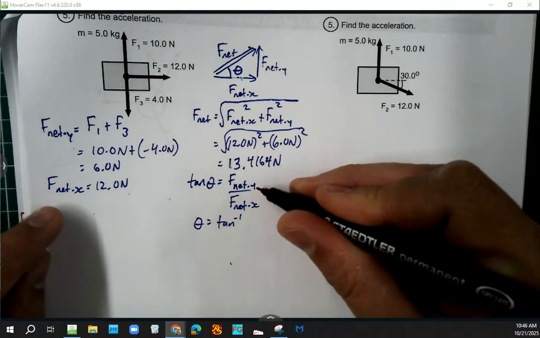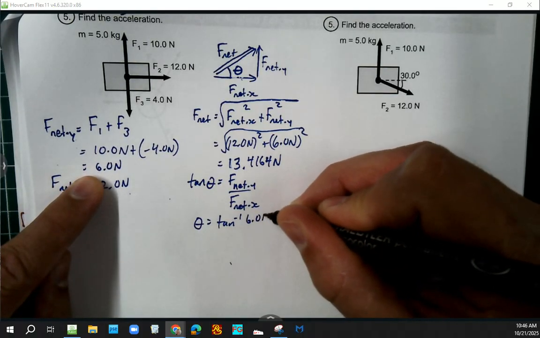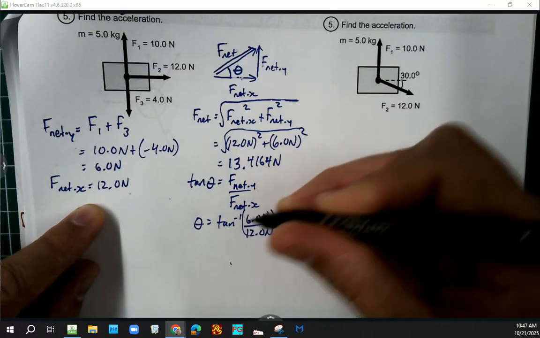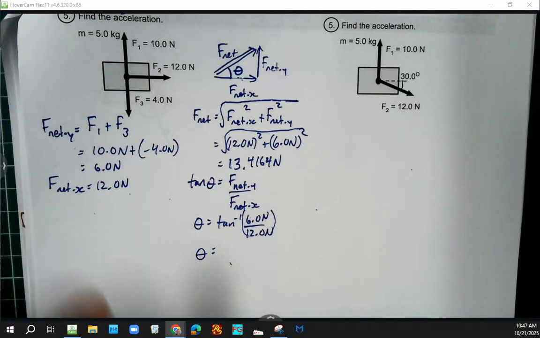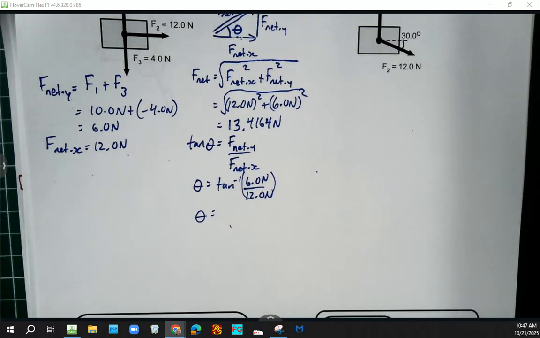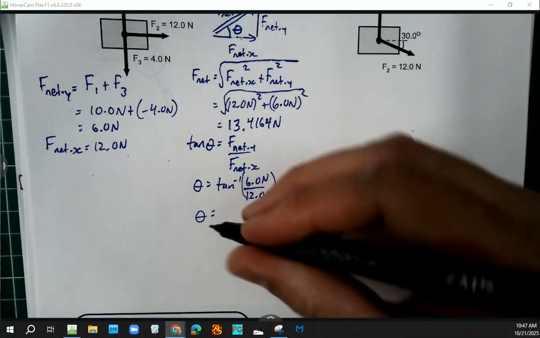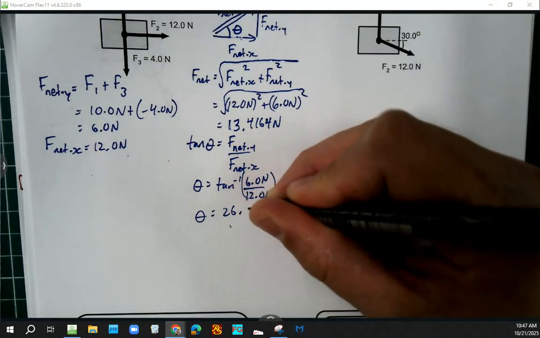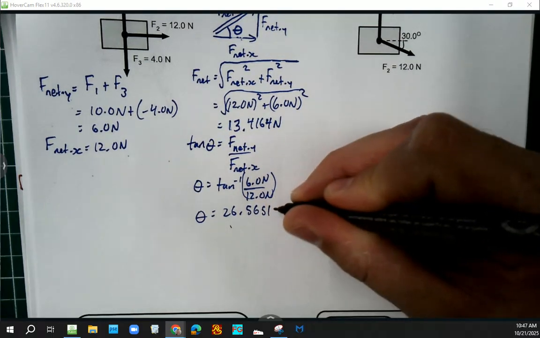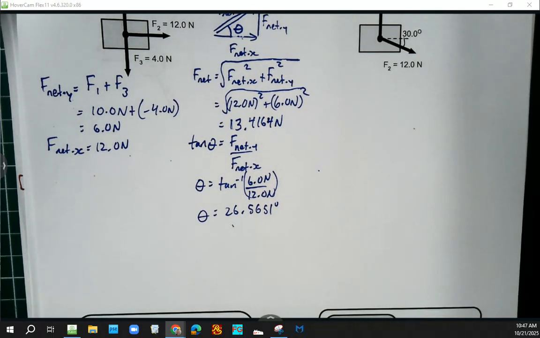F net y was 6.0 newtons. F net x was 12.0 newtons. Theta therefore equals, I get somewhere around 26 point something or other. What do you guys get? 26.5651, okay. 26.5651, says Leo. Degrees, all right. Way more than I'm going to need.